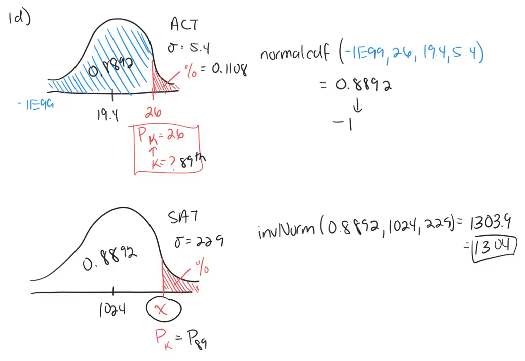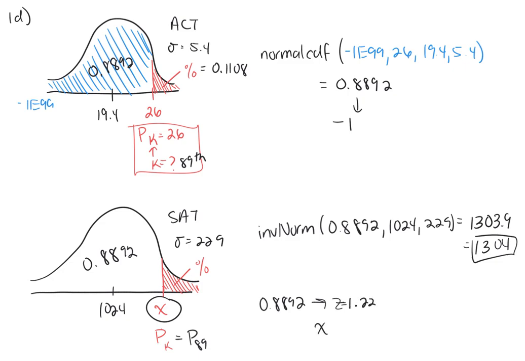If you're using z-scores, then at this point you would need to find the z-score that corresponds to an area of 0.8892 on the left. Going to the z-table, that gives us a z-score of 1.22.